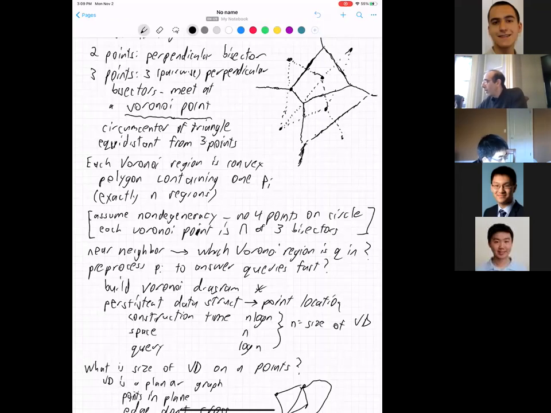In other words, which polygon contains a point. And although we didn't use the vocabulary at the time, it used the geometric notion of dimensionality reduction that I used in last lecture.